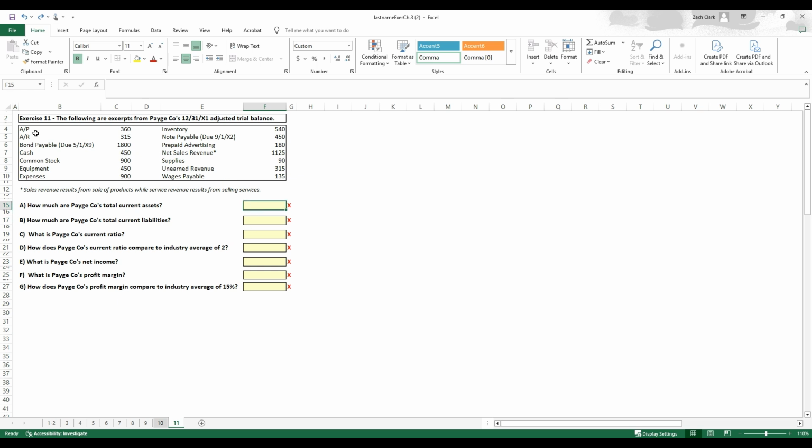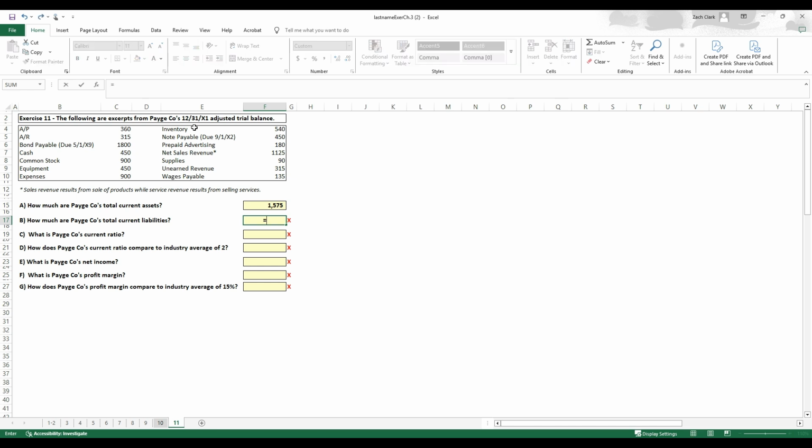So remember, our current assets are things like cash, AR. I'll do it with you just for the heck of it. So 450 for cash, 315 for AR. What else do we got? Inventory is a current asset, and prepaid expenses and supplies.